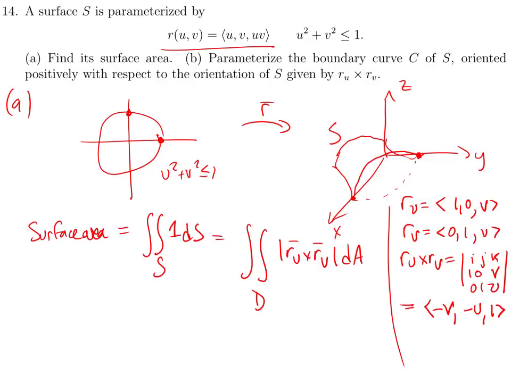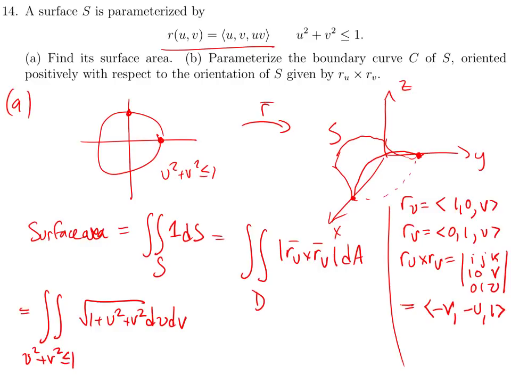So the magnitude is just the square root of 1 plus U squared plus V squared. So it's going to be the double integral over U squared plus V squared less than or equal to 1 of the square root of 1 plus U squared plus V squared dU dV.